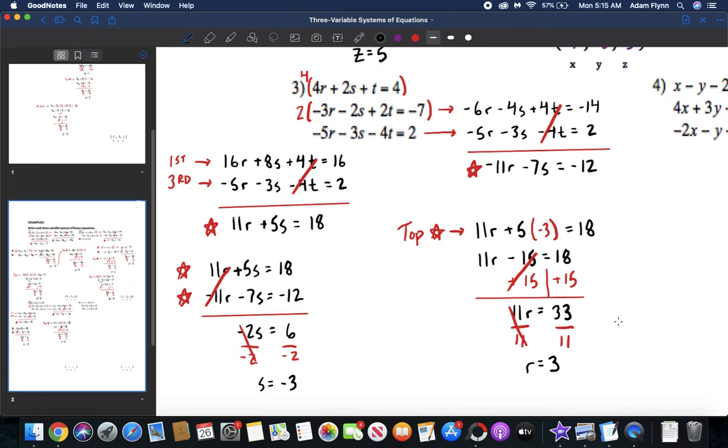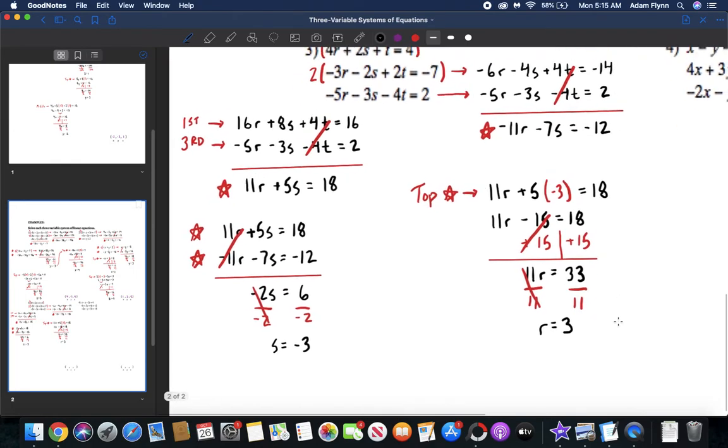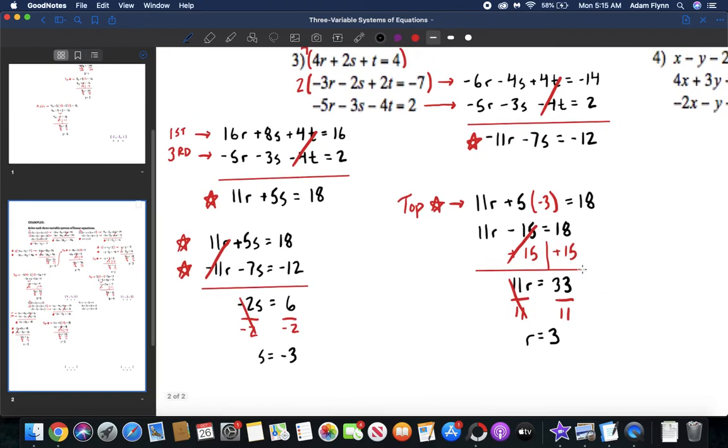So now I have my r, I have my s, now I need to solve for t. So what I am going to do is I'm going to pick one of my original equations. I'm going to do my top one again. So I've got my top equation, which is 4, but instead of r, we are plugging in 3.